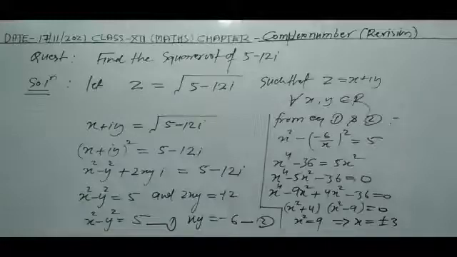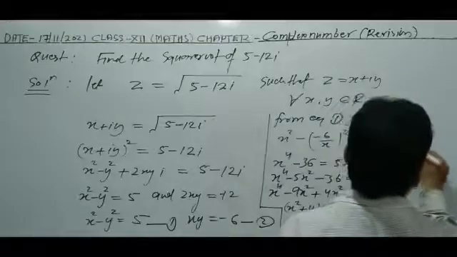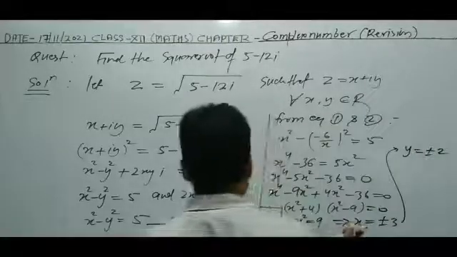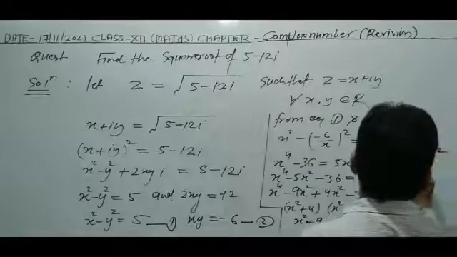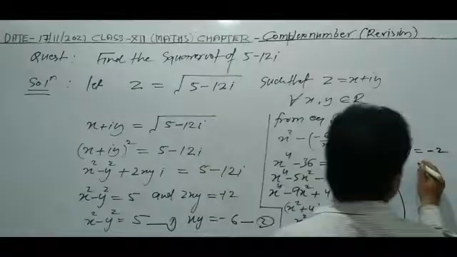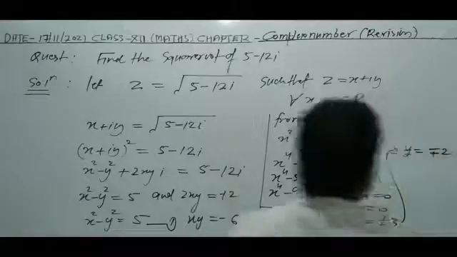So the value of y will be plus minus 2. This implies y is equal to plus minus 2. When you put x is equal to 3, then you will get y is equal to minus 2, and x is equal to minus 3, then you will get y is equal to plus 2. So the result will be minus plus 2.